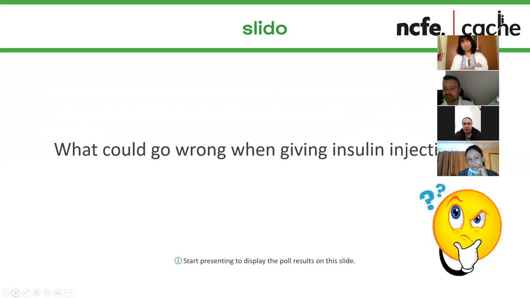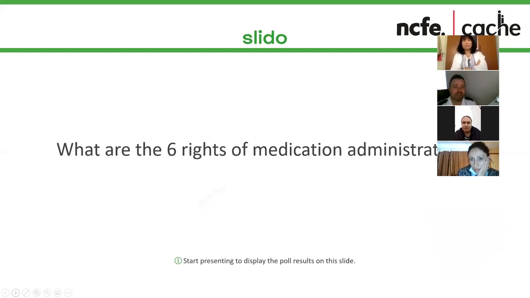What can go wrong when you're using needles and sharps? Too big, too small, damage the pen. Absolutely, you could damage somebody, so you could cause some tissue damage, infection. So lots of things that can go wrong.